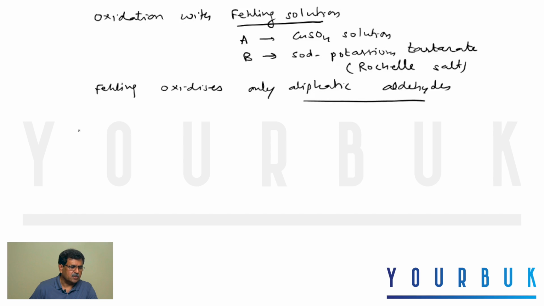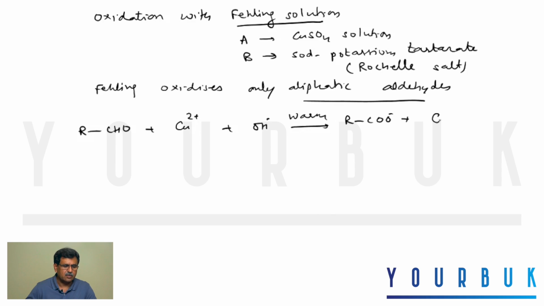Now this is the equation involved, RCHO, this is cupric ion from the copper sulfate, this is a hydroxide ion and warm, and it gets oxidized to a salt, and the Fehling solution itself is reduced to form a reddish brown precipitate of cuprous oxide. And formation of this indicates the presence of an aldehyde group.